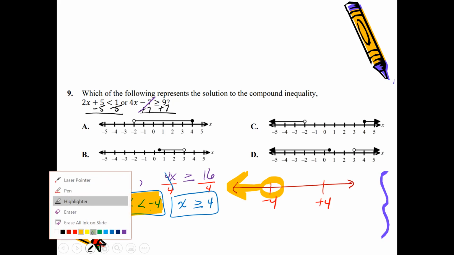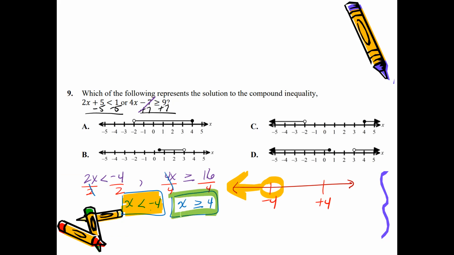And then if I graph this one right here on the right side, it's closed, okay? Because there's an equal sign after, so it's a closed circle, but that one is eating the letter X, so you shade to the right.